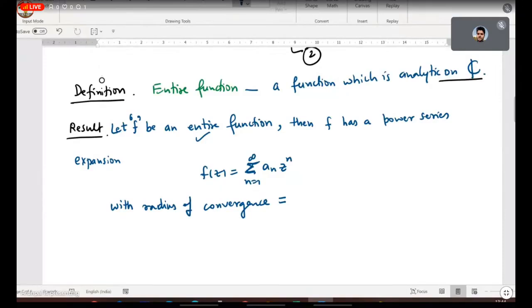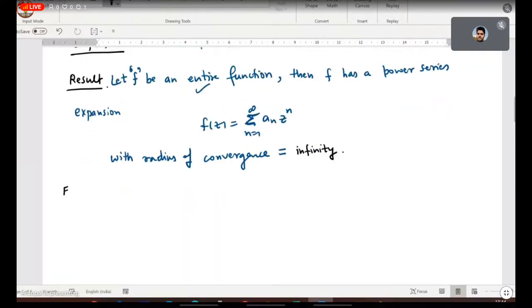Infinity. Yes, infinity. Because now this should be available to you for each and every complex number, right? Equal to infinity. Good. And so far as the explanation is concerned, class, the explanation is quite simple. There is nothing like a proof in it.